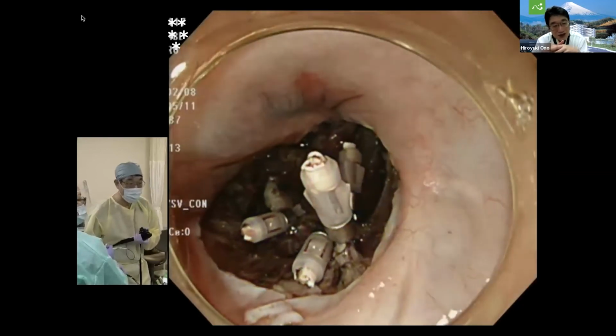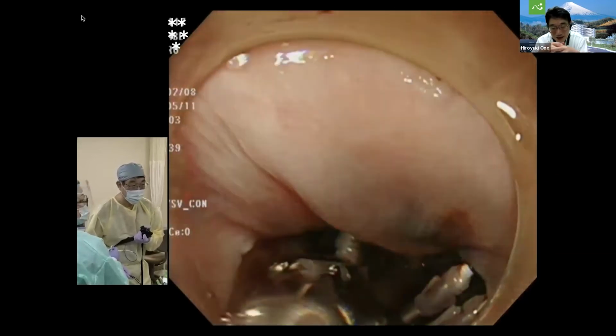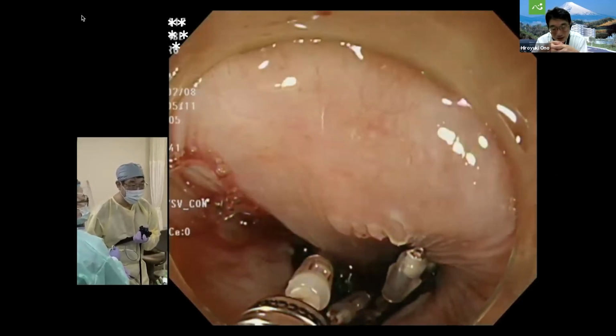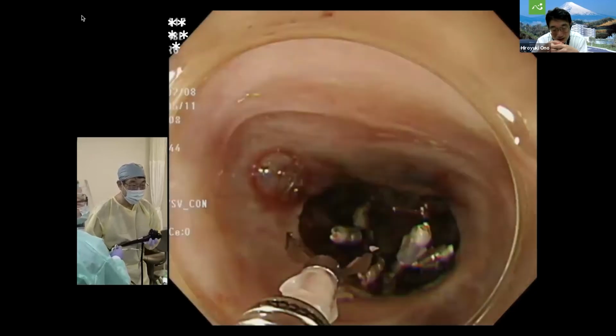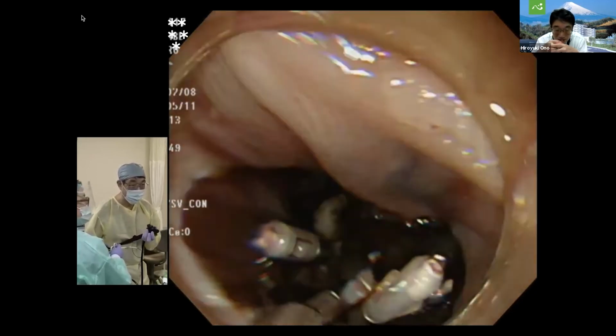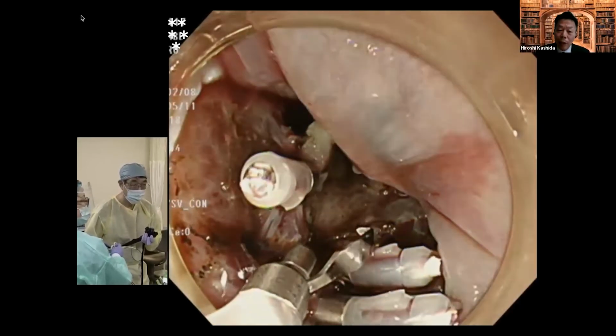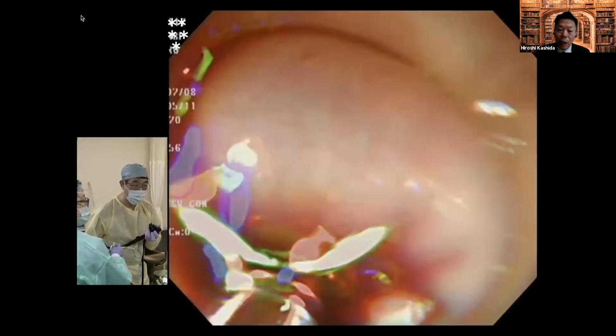I try to put, on the distal side, one more clip here. At the center maybe. Yes, at the center.